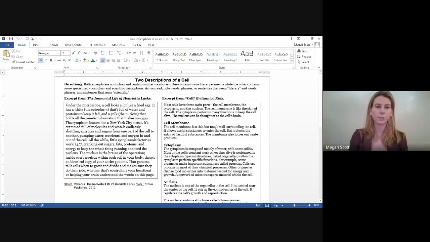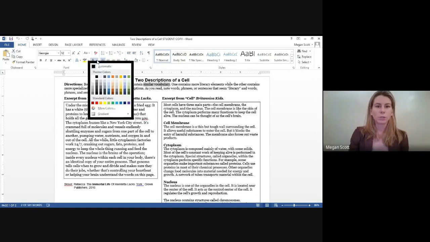All right, let's look at these directions. Both excerpts or texts are nonfiction. What does nonfiction mean again? Correct. It is not fake. It is real. So both of these are written about something that's real. None of it is fake. Both contain similar vocabulary.